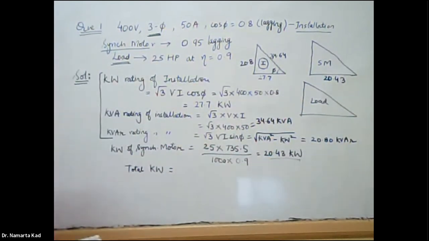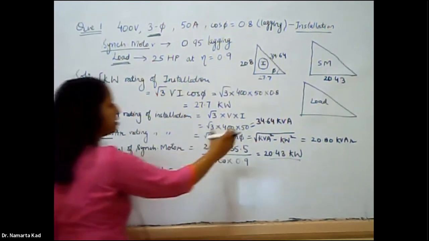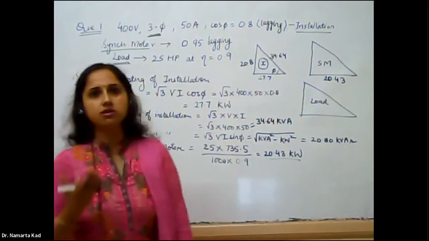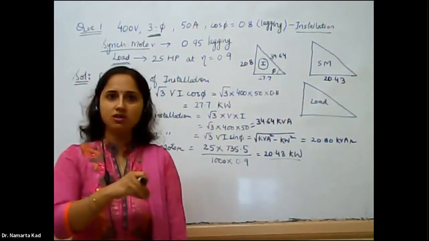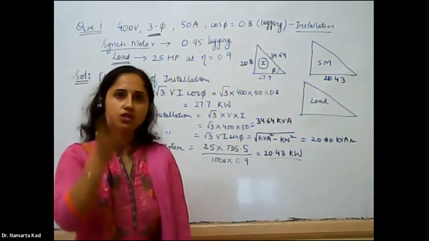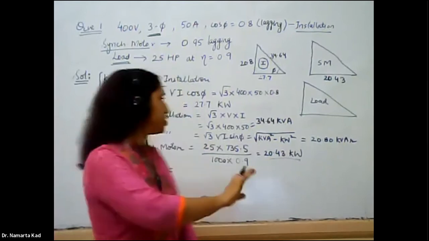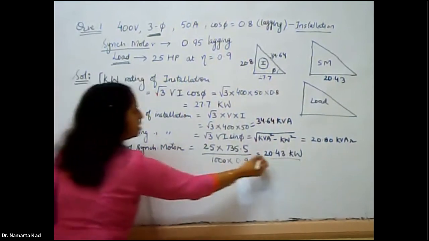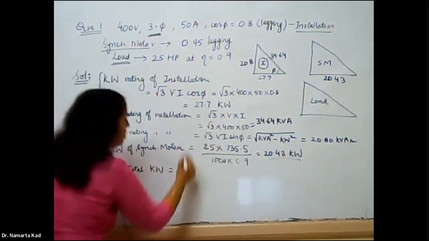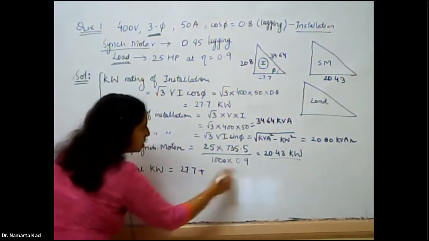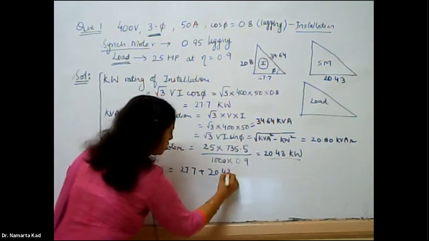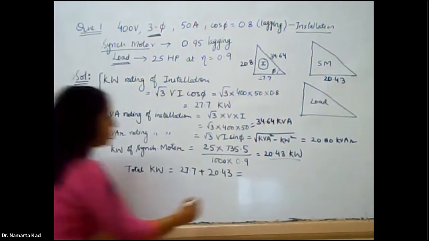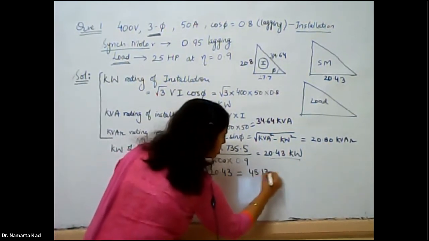Okay, now the total kilowatt, that is when the synchronous motor is connected with the installation. Initially there is installation alone, but we install the synchronous motor to improve the power factor. So when the synchronous motor is connected with the installation, the total kilowatt for both comes out to be 27.7 plus 20.43, so it comes out to be 48.13 kilowatt.